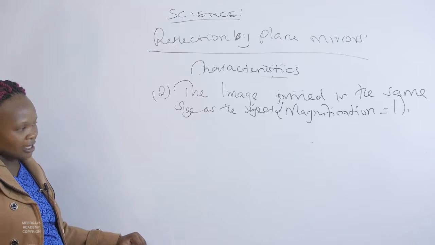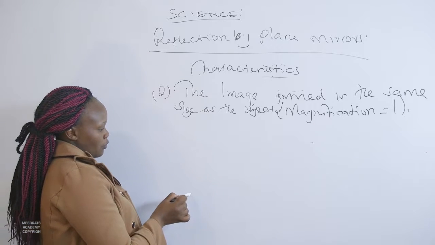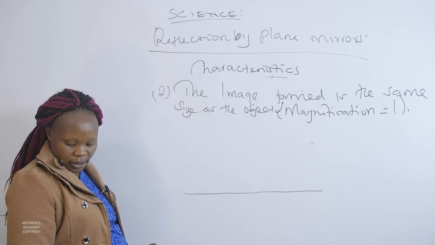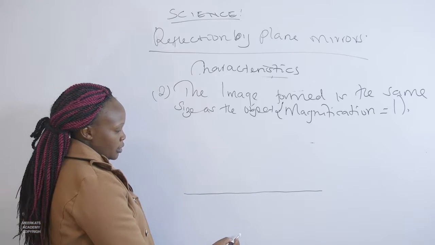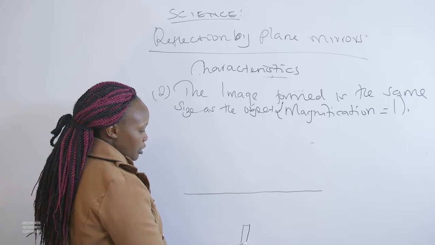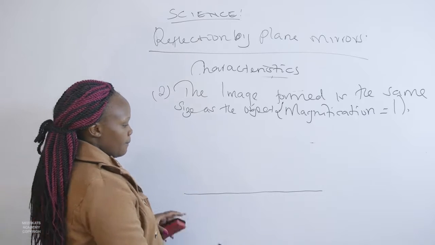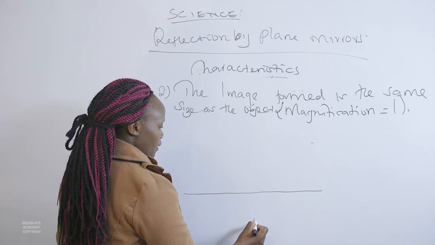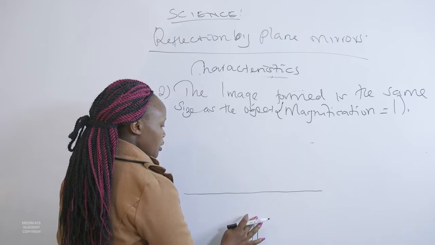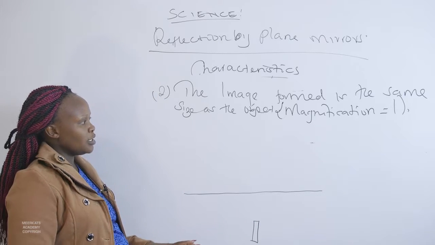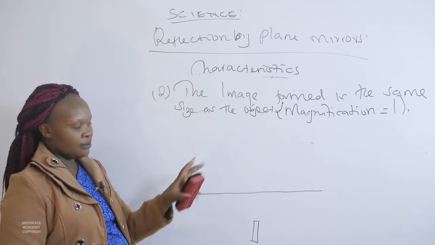Now let us see that by way of drawing. This is our mirror again. Let us put an object here. And we expect to view the image of this object somewhere behind the mirror.